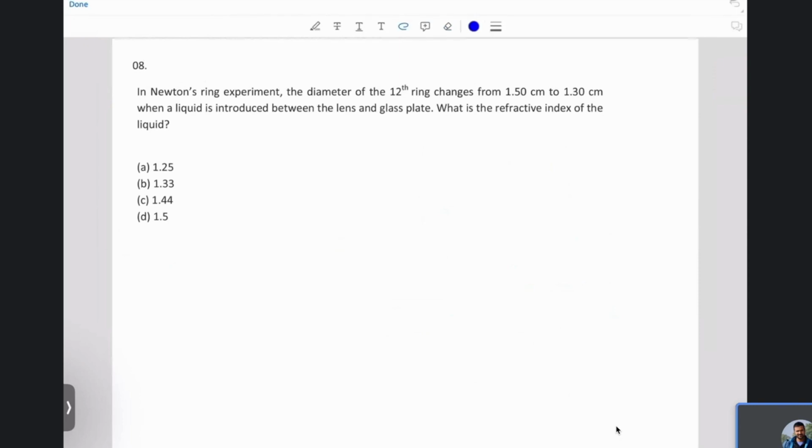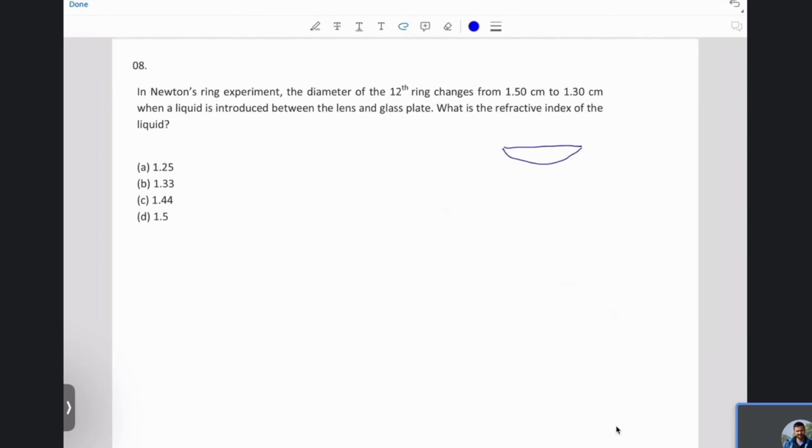Now this problem is based on Newton's ring. And the question is, in Newton's ring experiment, the diameter of the 12th ring changes from 1.5 centimeter to 1.3 centimeter when a liquid is introduced between the lens and the glass plate. Okay, so you remember the Newton's rings experiment.